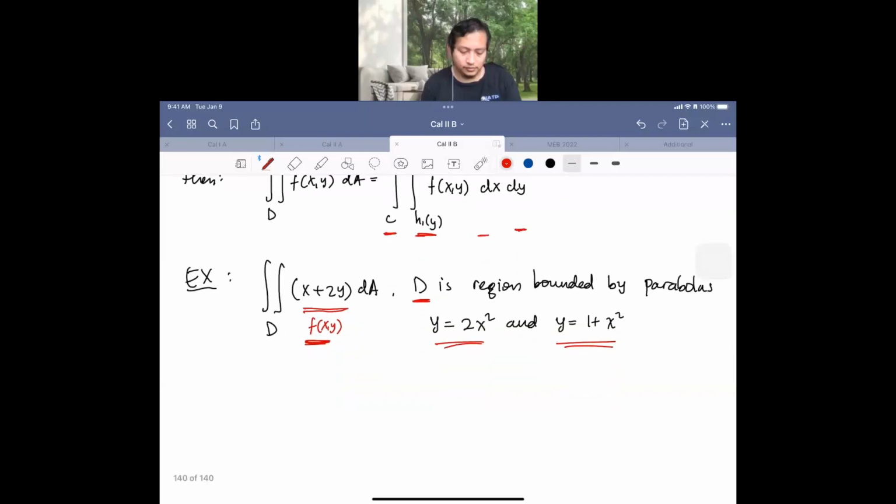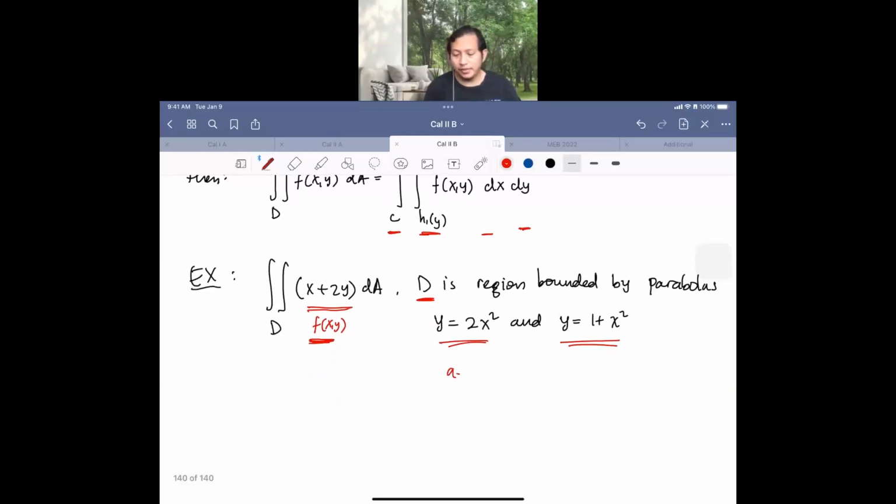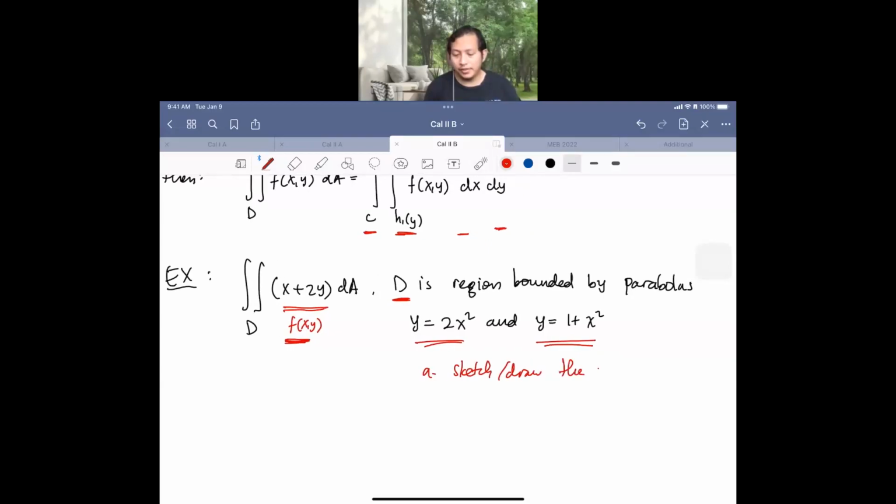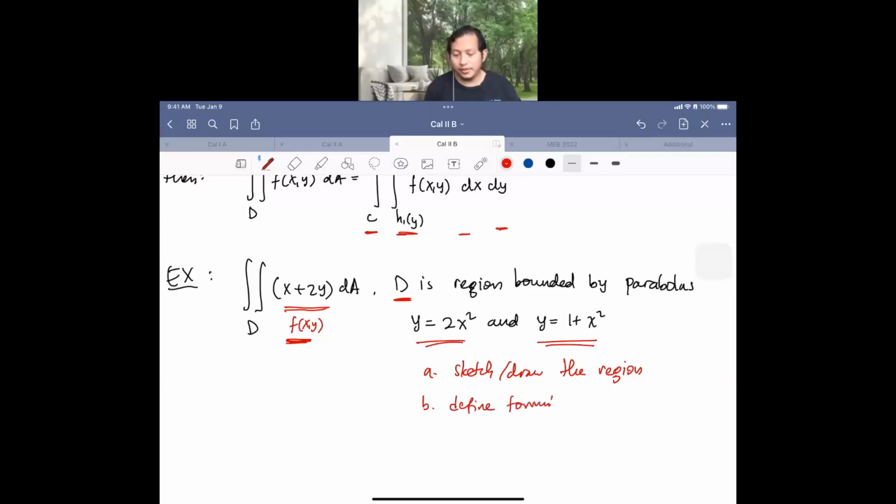So a quick recap: first, sketch or draw the region, then define a formulation, and then you can compute.